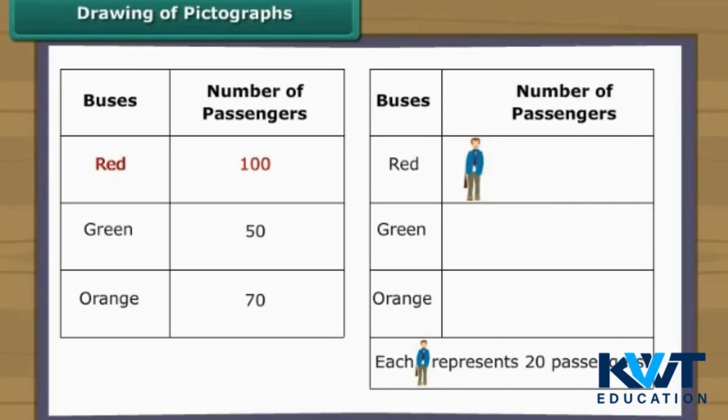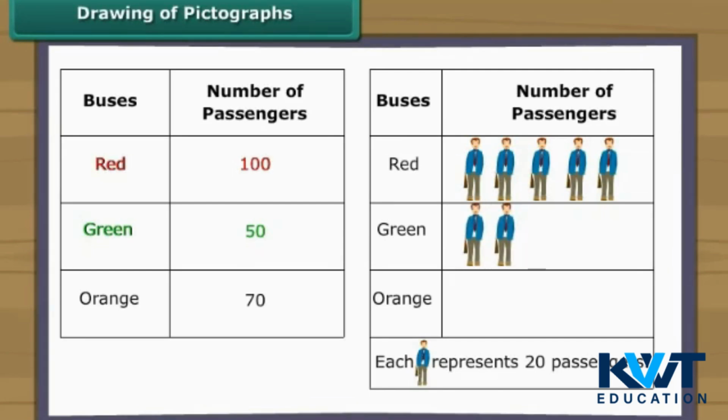If one picture represents 20 passengers, then 5 pictures will represent 100 passengers. The green bus carried 50 passengers, represent 40 passengers with 2 pictures. Represent the remaining 10 passengers with half a picture. The orange bus carried 70 passengers, represent 60 passengers with 3 pictures. Represent the remaining 10 passengers with half a picture.